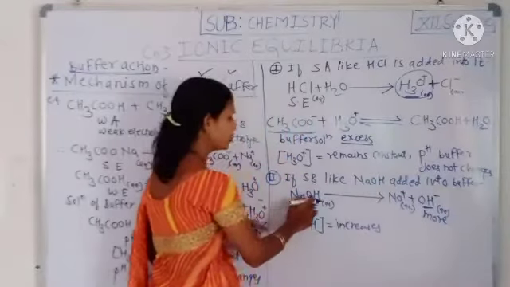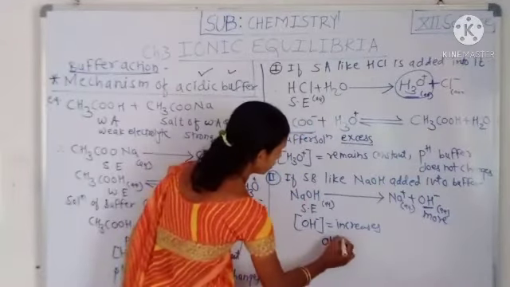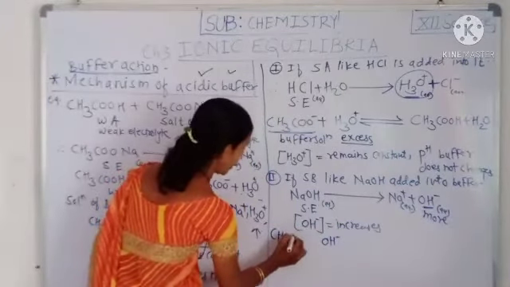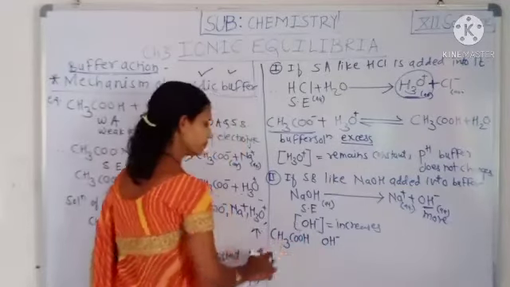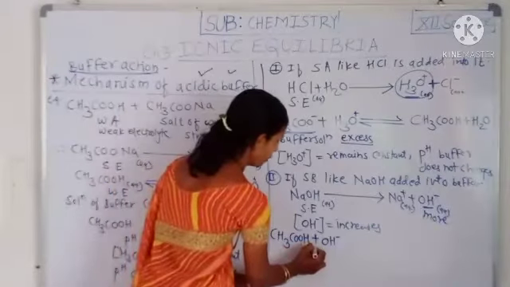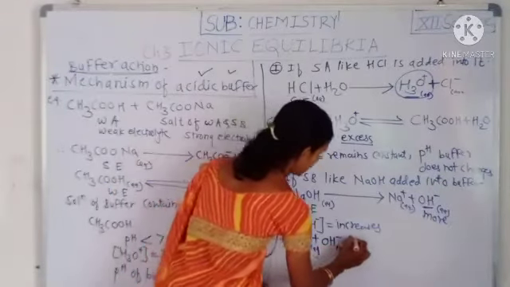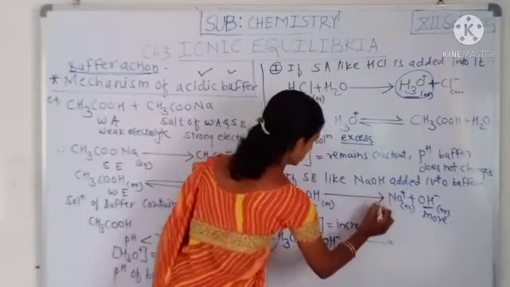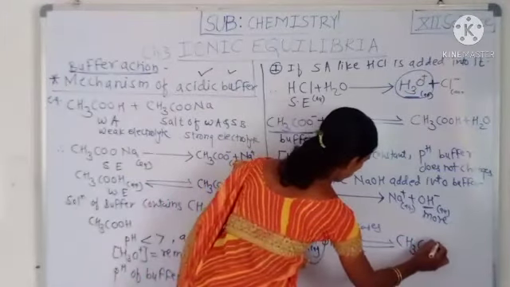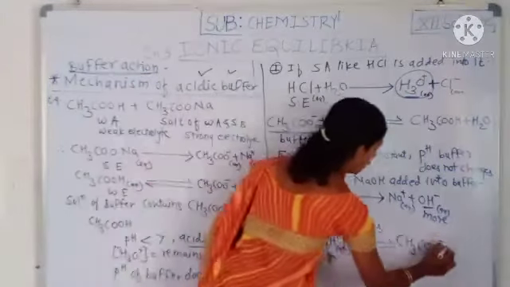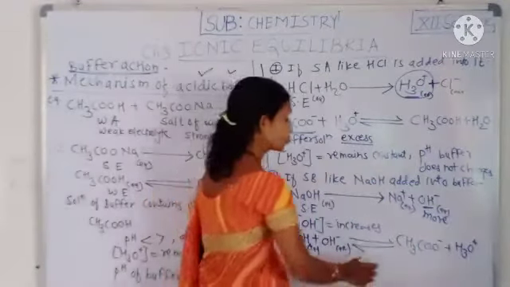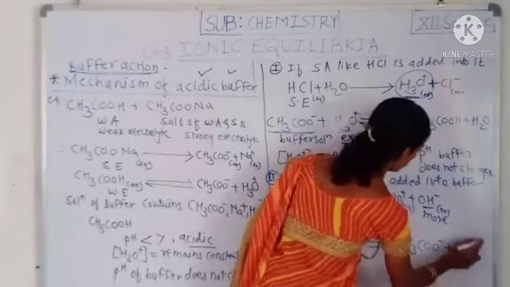therefore the solution may become basic, but the OH- ions which are formed after dissociation of NaOH readily combine with acetic acid or unionized acetic acid molecule in aqueous medium, and it gives CH3COO- and H2O.